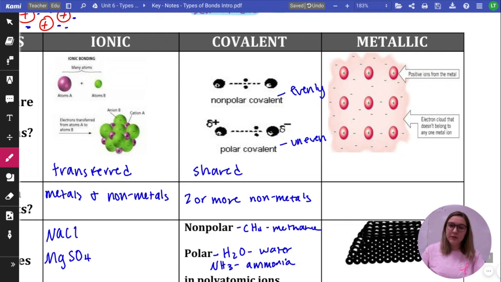And then last, but certainly not least, we have metallic. And in metallic, they form that sea of electrons, and it's formed between two or more metals.